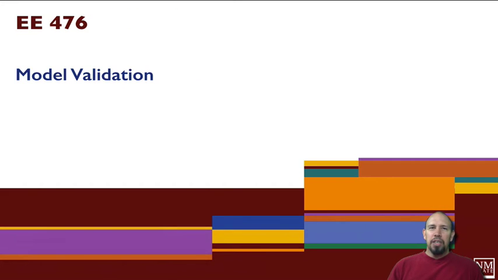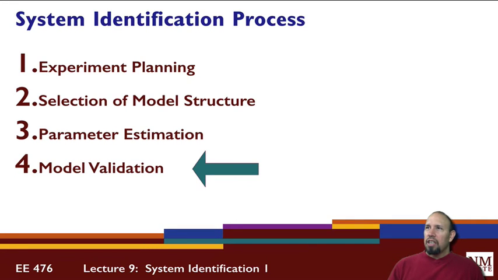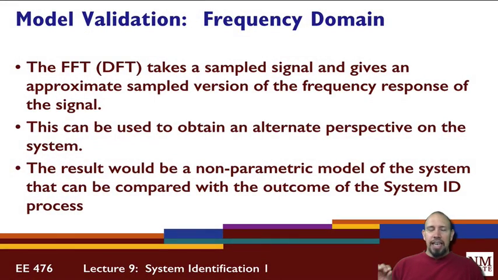So next we come to the subject of model validation. In model validation, which is the fourth part of our system identification process, we have the sanity check. So how do we validate our system? Practically speaking, as I mentioned, we're going to want to use alternate domains.